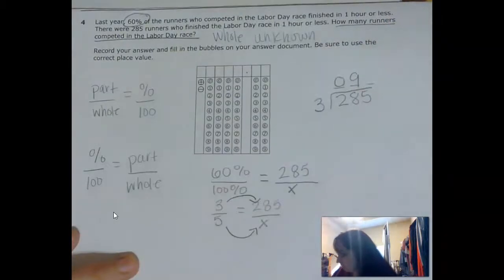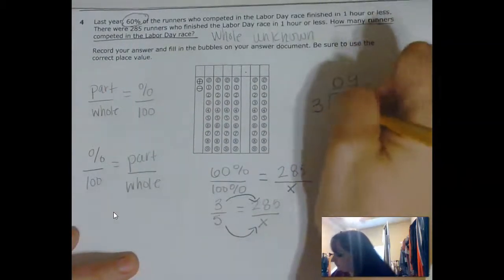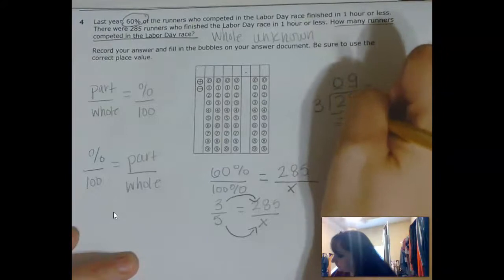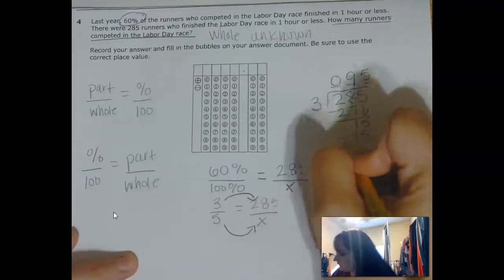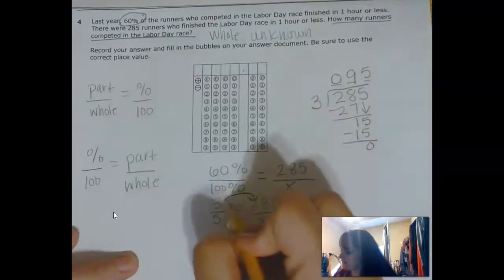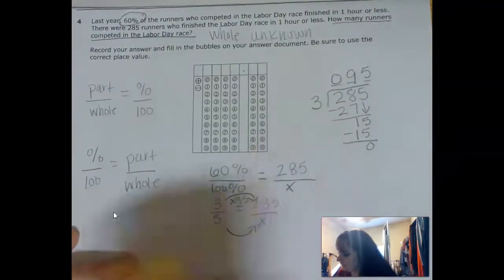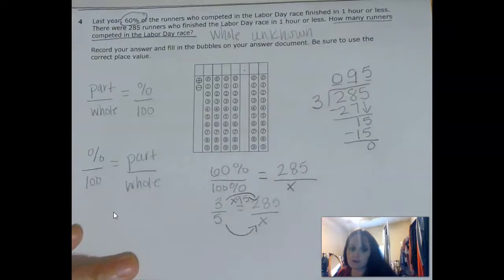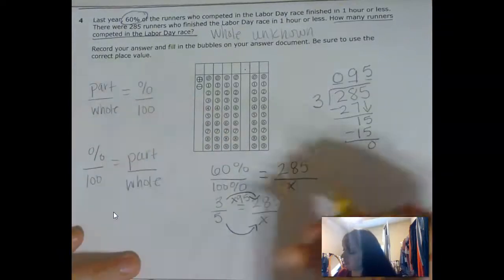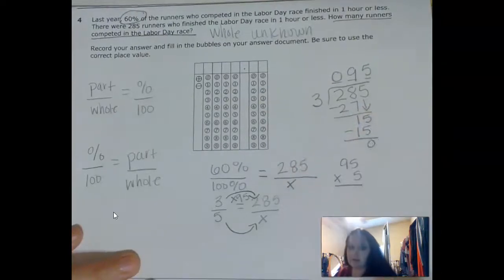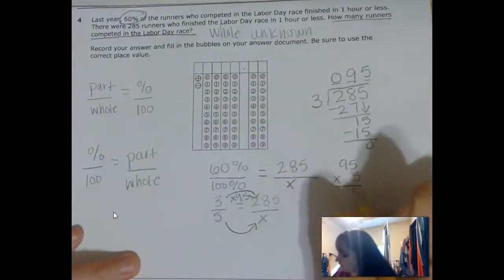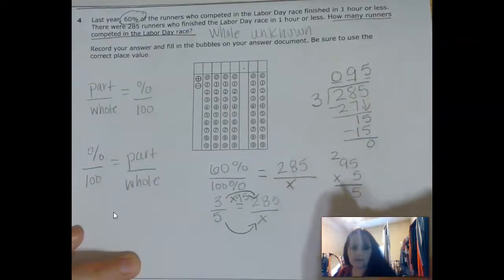I can give everybody 9. And then 5. So 95. So 3 times 95 is 285. And then 95 times 5. Again, I could have used my calculator, but what fun is that? I would have gotten to spend less time with you.